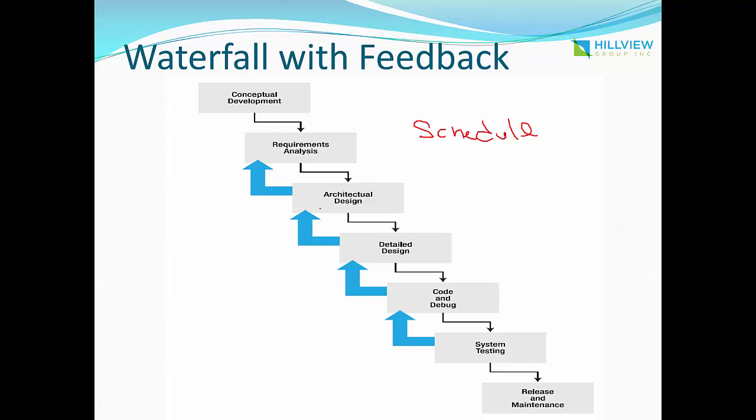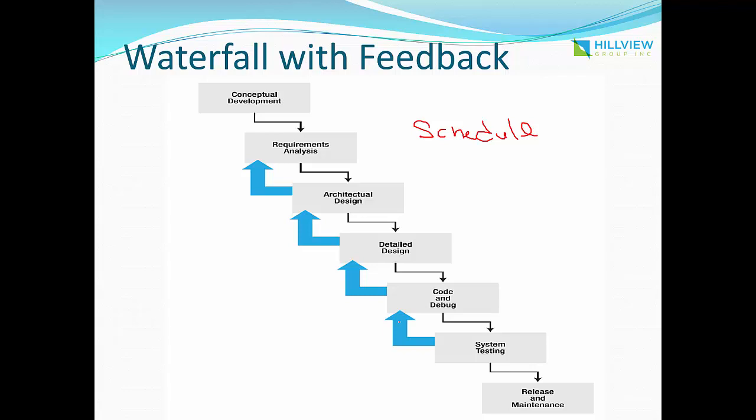Okay, and then also, if we keep moving back to another phase, which means we will move back to that phase, complete the phase, and then come back to the phase that we were before, work on that. If we don't have a problem, rather we move ahead. But if we get to the next phase and we remember that we have to fix something in the previous phase, then we have to go back.